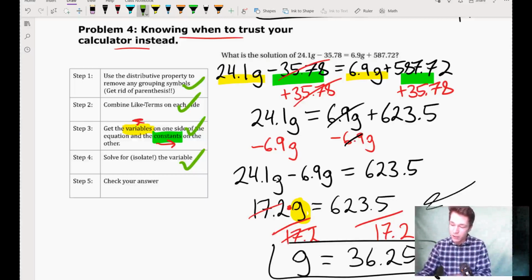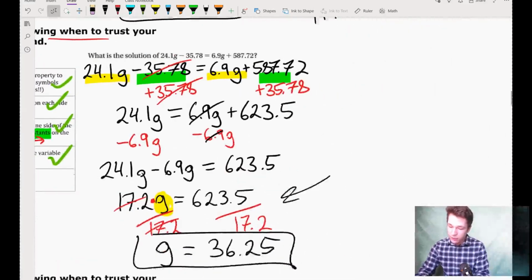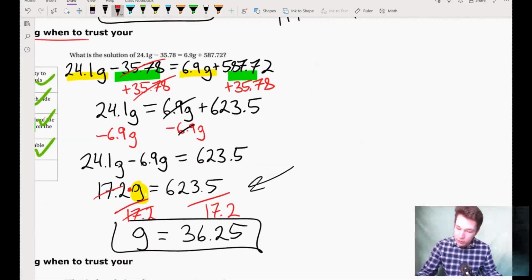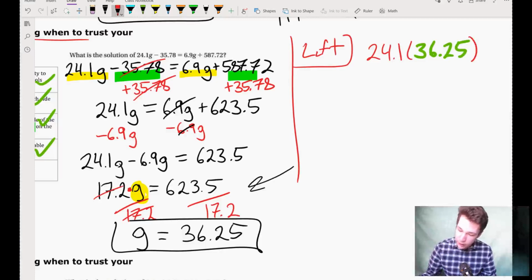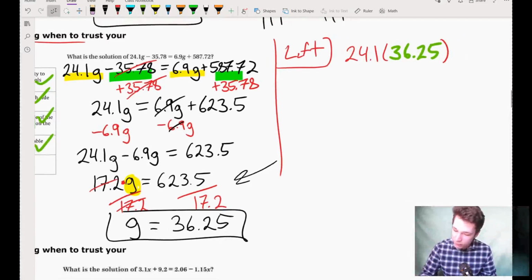What I would do, honestly, is 36.25. I would just plug it into the left half. So this is my left half of the equation. 24.1 times g, which we found to be 36.25, minus 35.78.